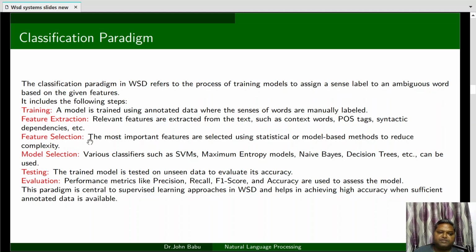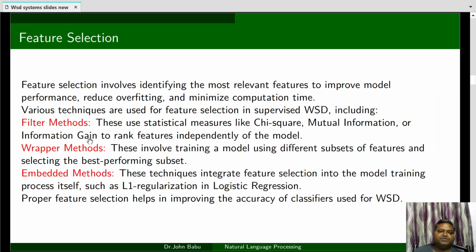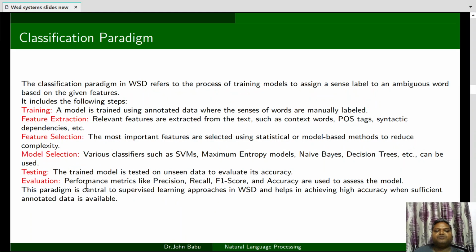All these features are extracted. Then among the extracted features, you can select the features by using these methods to get effective features. Then we'll select the model based on performance, maybe SVM or maximum entropy or naive Bayes or decision tree. Once the model is selected, we'll test the model with given test data, while previously we trained it with the known data.